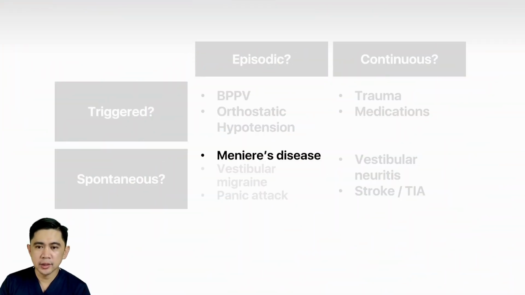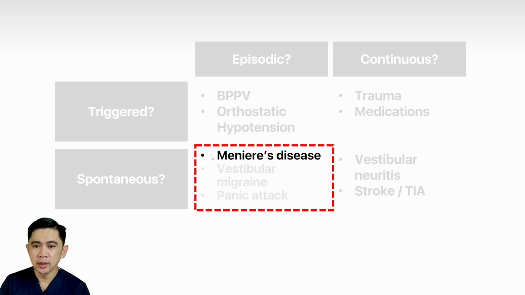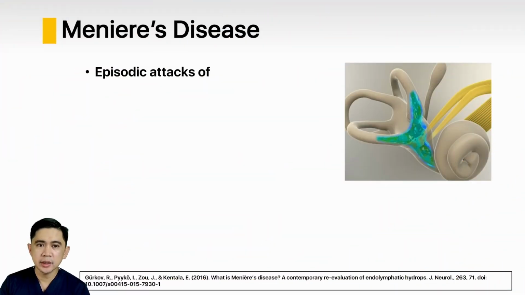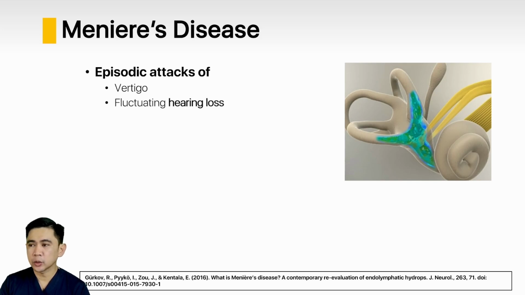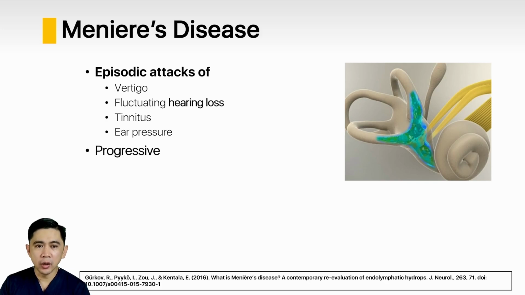So now we will discuss entities which are episodic and spontaneous. The first one of which is Meniere's disease. Meniere's disease comprises episodic attacks of vertigo, fluctuating hearing loss, tinnitus, and ear pressure, and all of these symptoms are usually progressive.